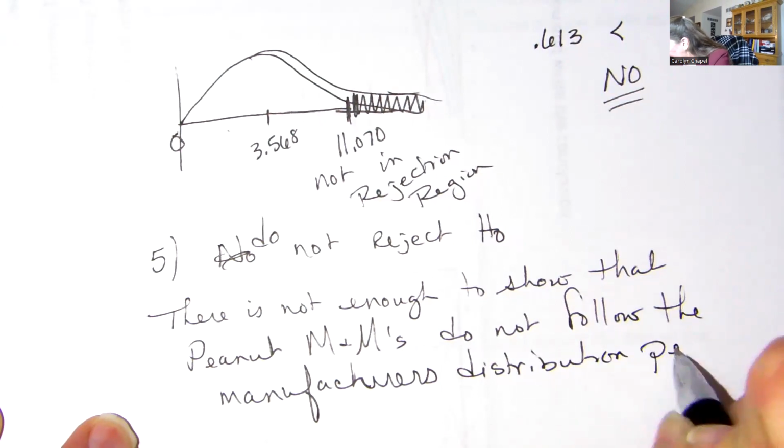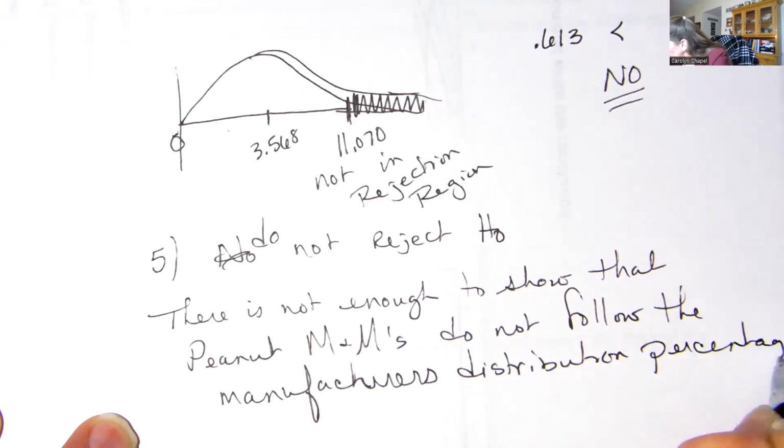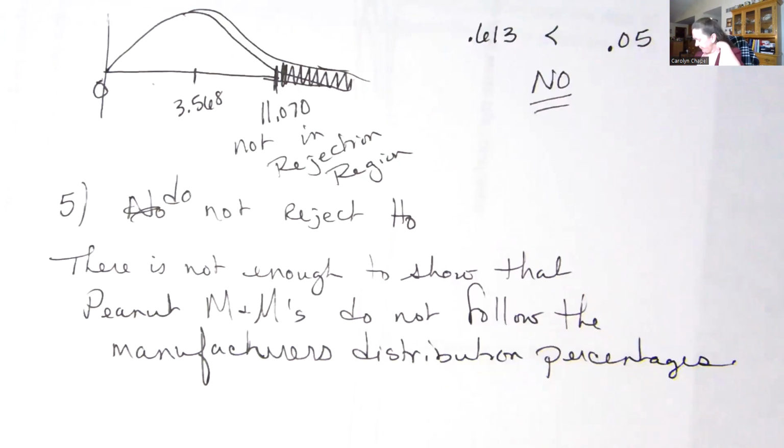And I'll put in the word percentages. You could, again, be a little bit more detailed and put those actual numbers in here, like the 11, the 12%, and the 23%, and all of that, just if you wanted to be more detailed.